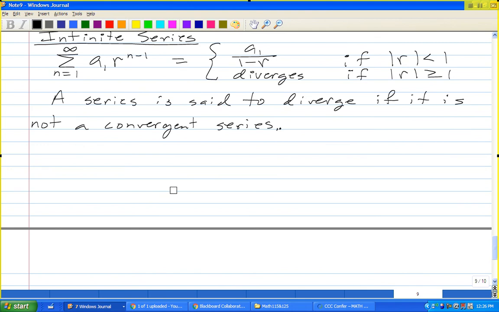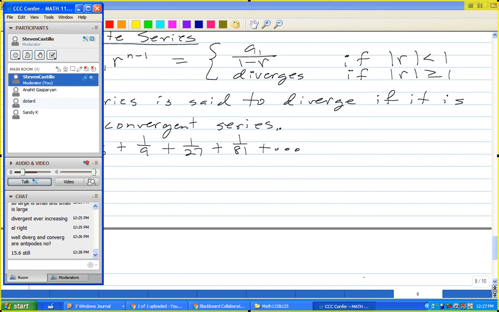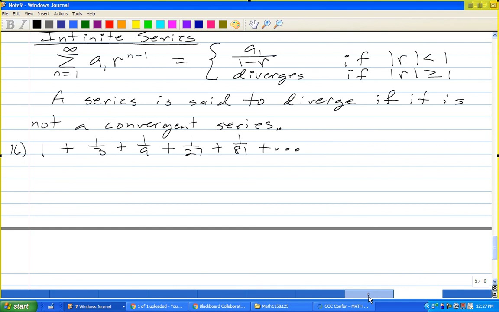Let's do problem number 16. One plus 1/3 plus 1/9 plus 1 over 27 plus 1 over 81, etc. Yes, we're still in section 15.6.